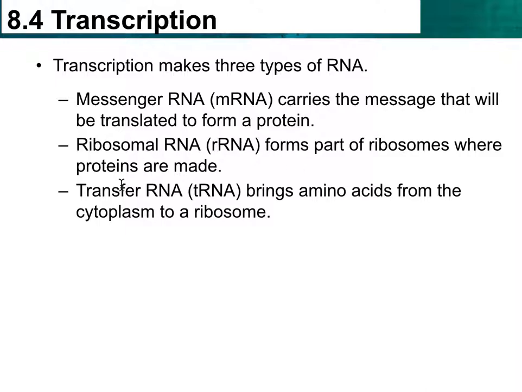And then we have transfer RNA, or tRNA, that brings amino acids from the cytoplasm to a ribosome. In our next, longer class period, we're going to do a simulation of this whole thing using paper and cutting stuff out, all that good stuff. So hopefully this will totally make sense to you.